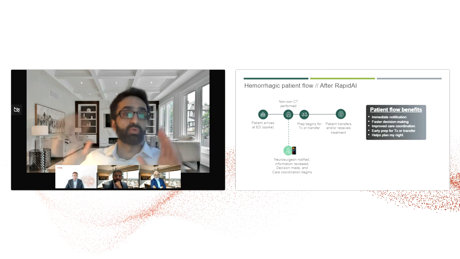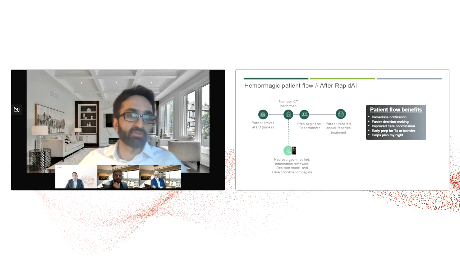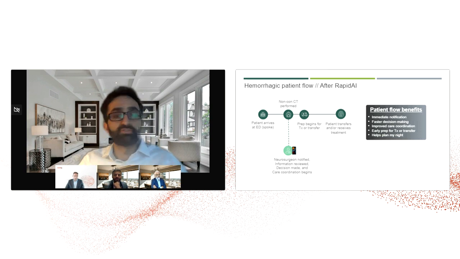Instead of it taking 20, 30 minutes for the radiologist to reach out to the emergency department doctor and then the ED doctor giving me a call, trying to page me, I sometimes initiate that myself and just give them a call as soon as I get that hyperdense notification. I can easily scroll through, and really, as an on-call neurosurgeon, it lets me plan my night.